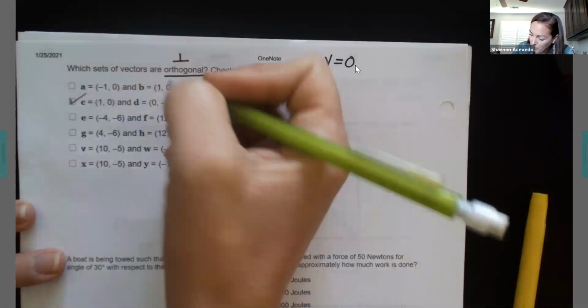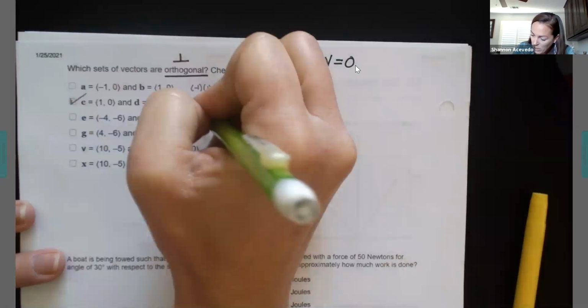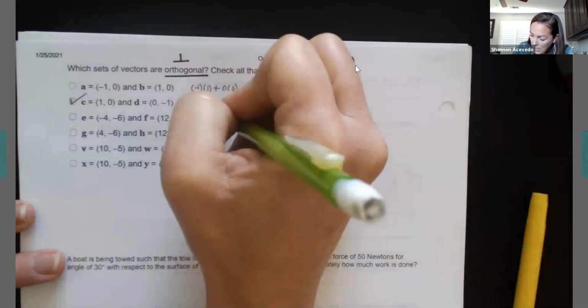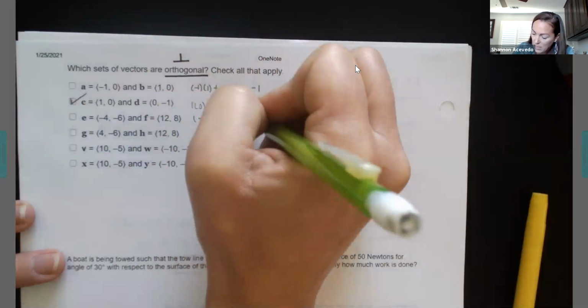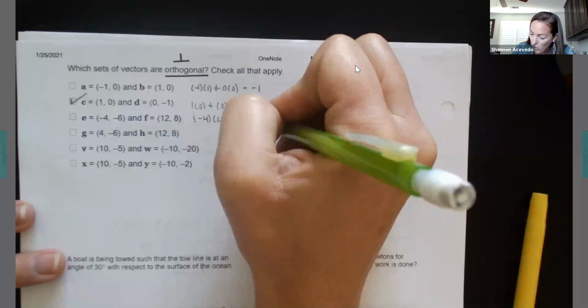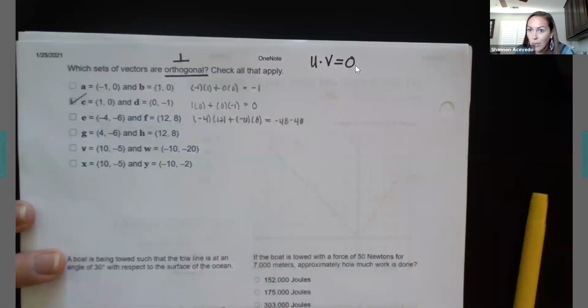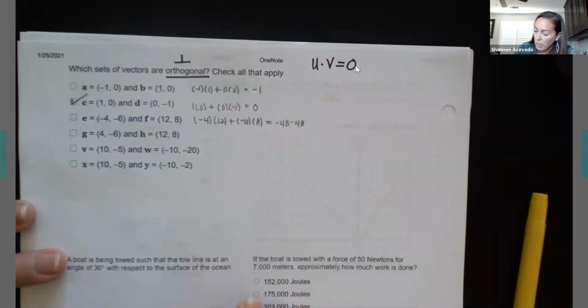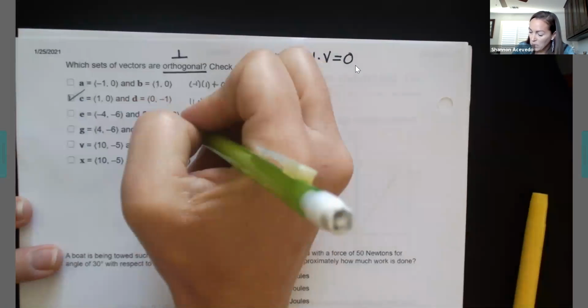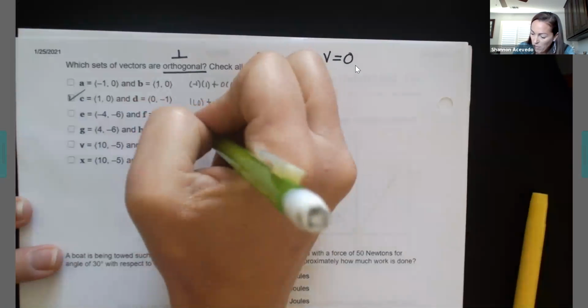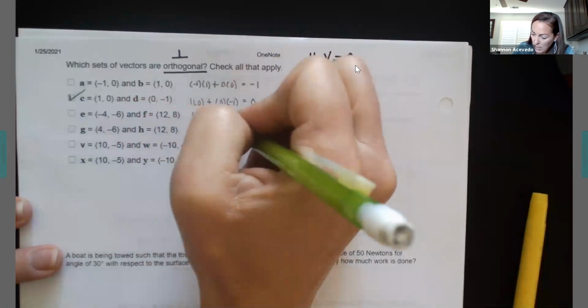My next one, -4 times 12 plus -6 times 8 is going to give me -48 minus 48. I don't need to go any further. I already know that's not going to be a value of 0. My next one is going to be 4 times 12 plus -6 times 8.